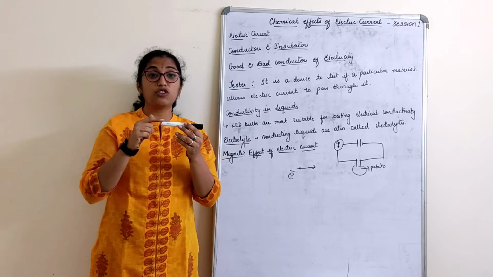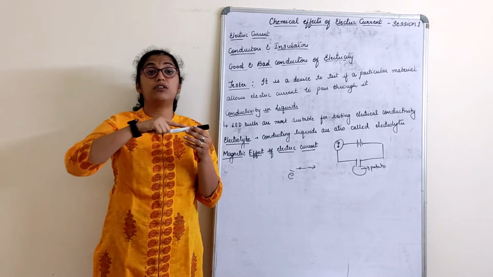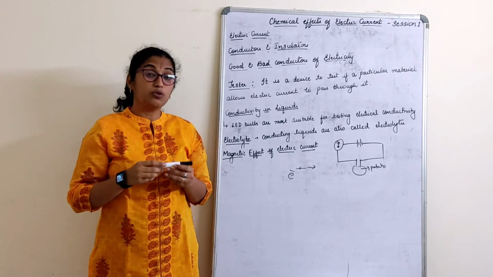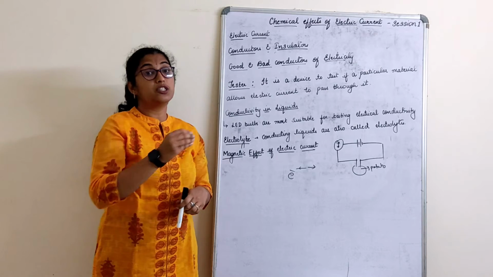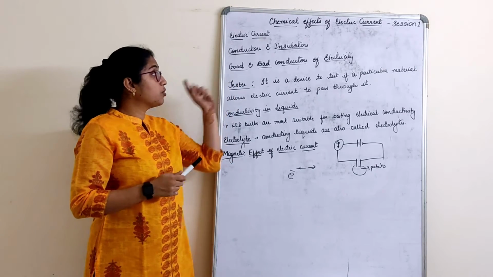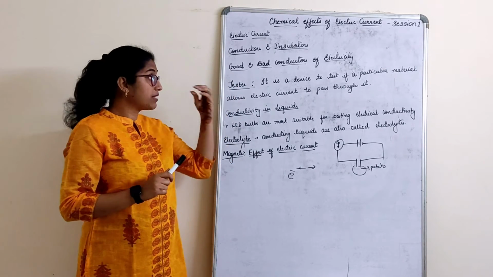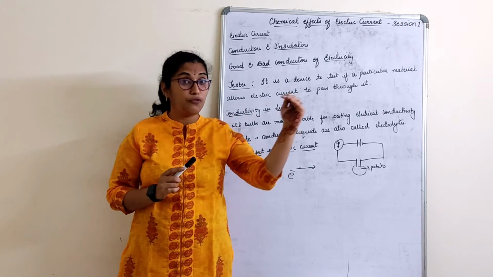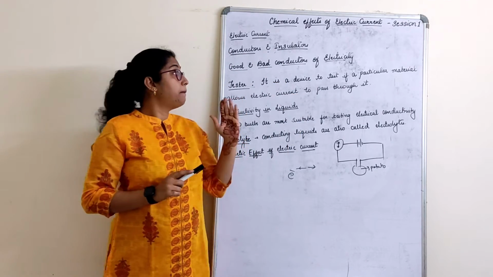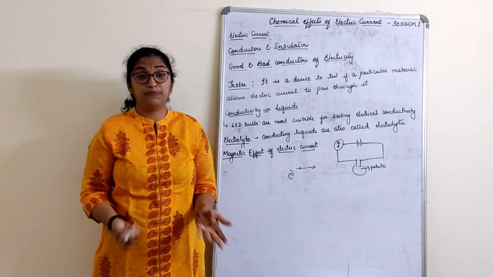That means electrons cannot flow through this because it is an insulator. So materials which allow electric current to pass through them are called good conductors of electricity, and materials which do not allow electric current to flow through them are called bad conductors of electricity.